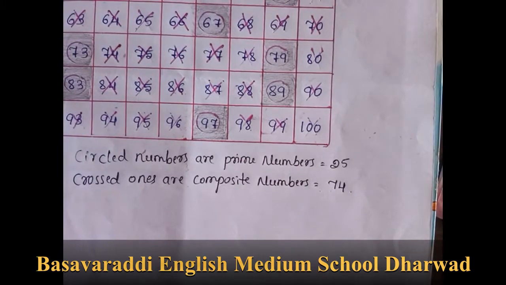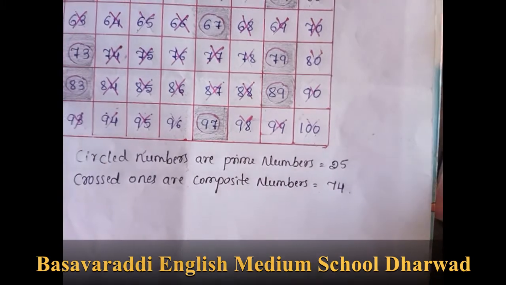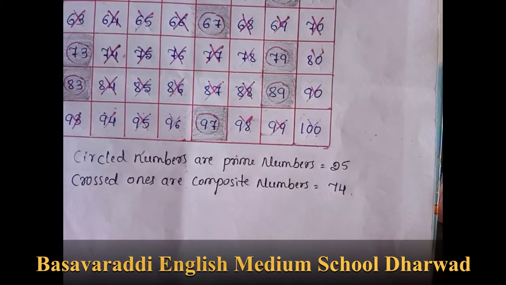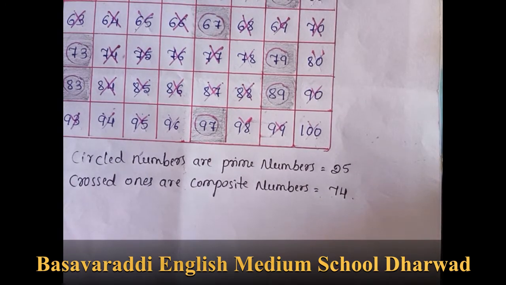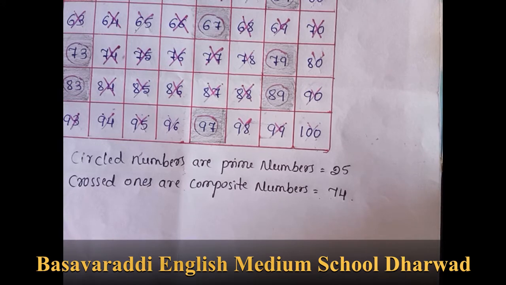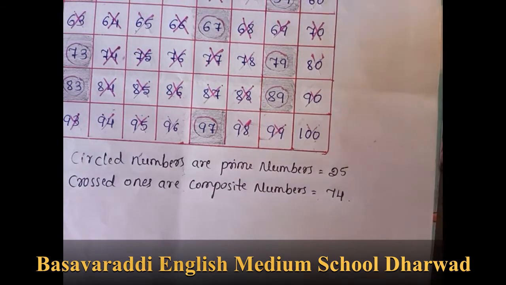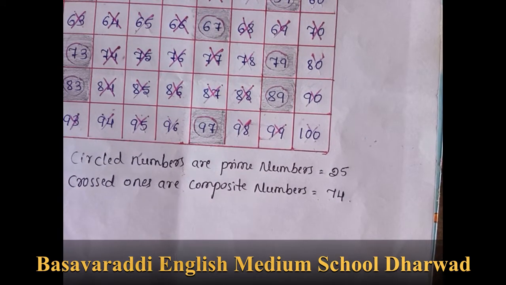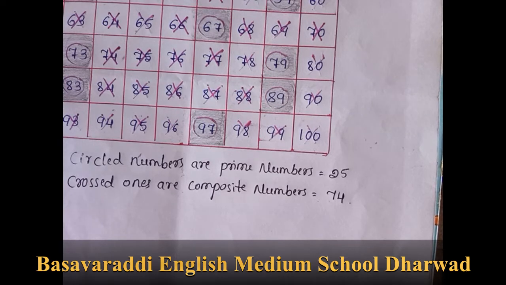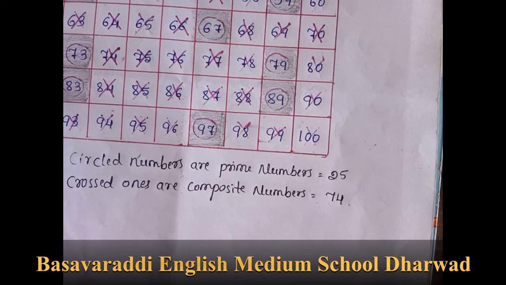Yes, from this grid we will do the fourth question. List down all the sets of twin prime numbers from 1 to 100. What are twin prime numbers? Twin prime numbers are two prime numbers that have a difference of 2.